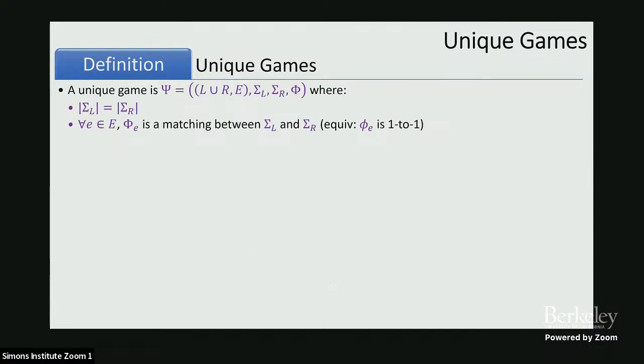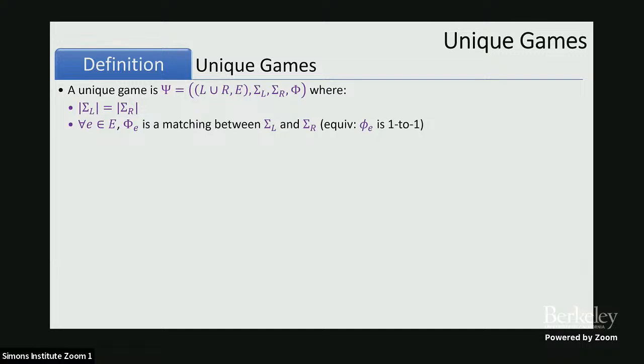So what are unique games? Well, a unique game, first of all, is a special type of label cover instance. And it has two additional features. First of all, the alphabet sizes of the two sides are the same. In fact, you should think of the alphabet just being the same.